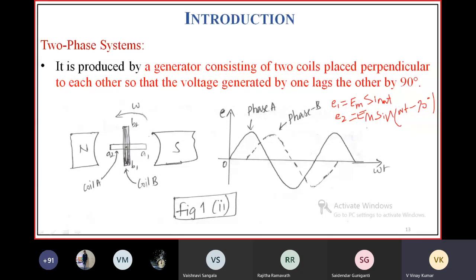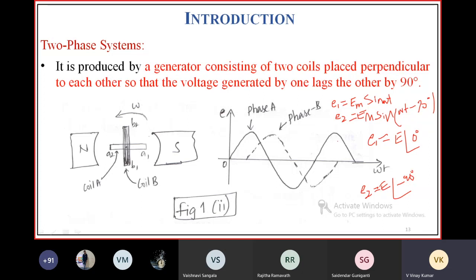In polar form, E1 is equal to E at an angle 0 degrees. This is the RMS value. Whereas E2 would be E at an angle minus 90 degrees.